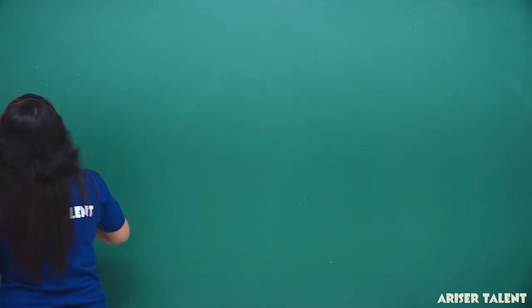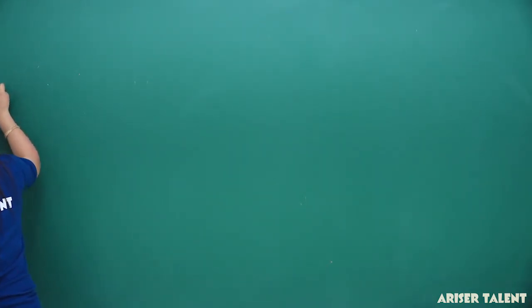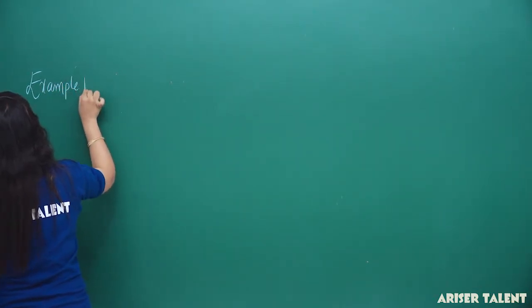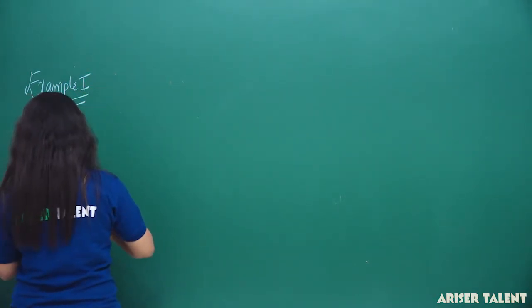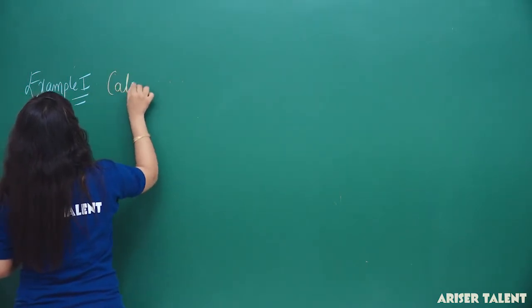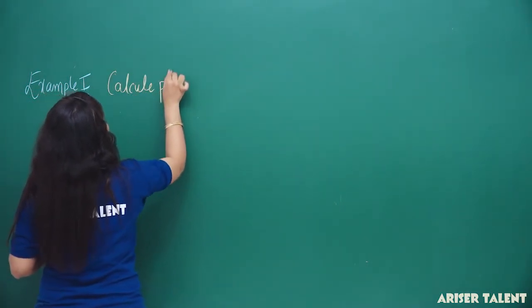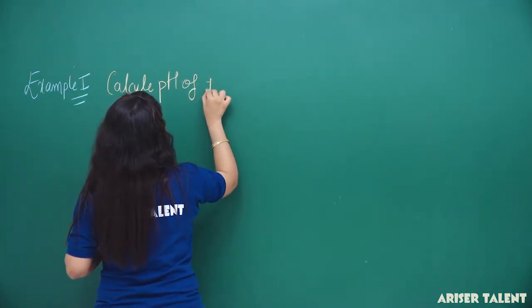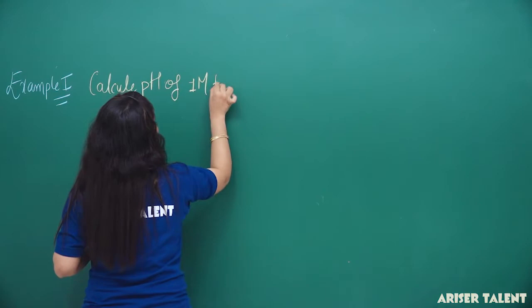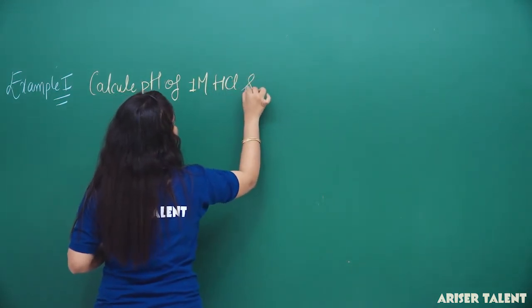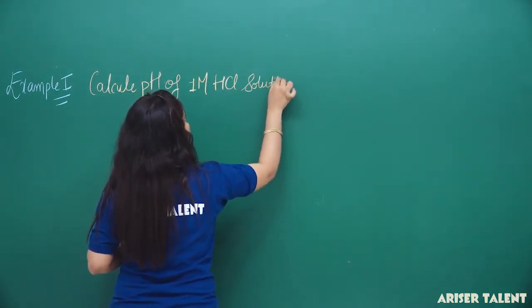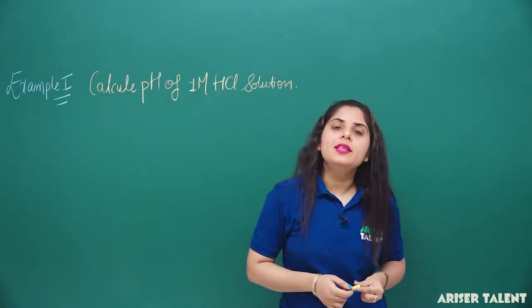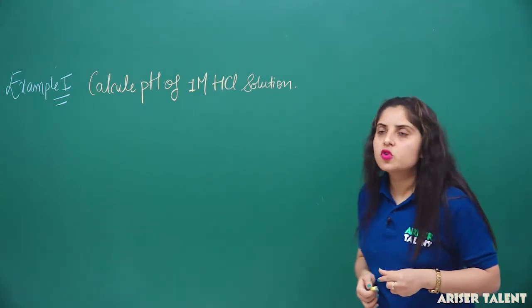So our first example will be: calculate the pH of 1 M HCl solution. We have to calculate the pH of 1 M HCl solution.